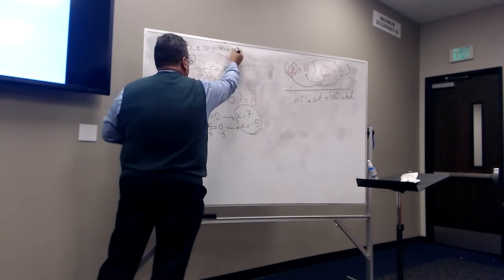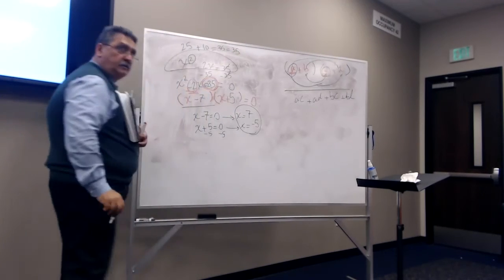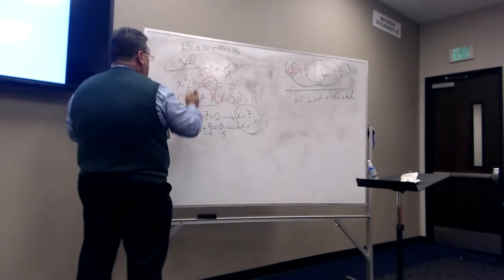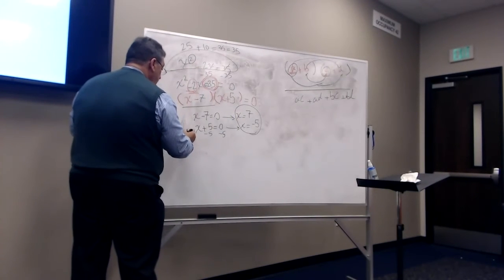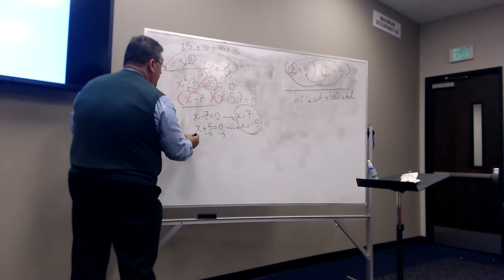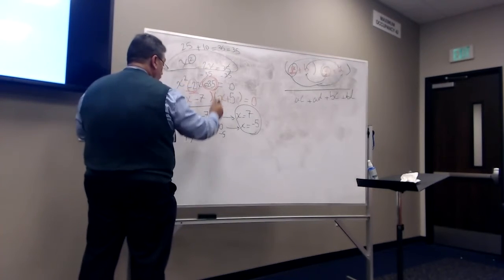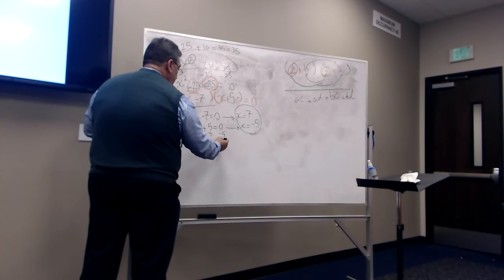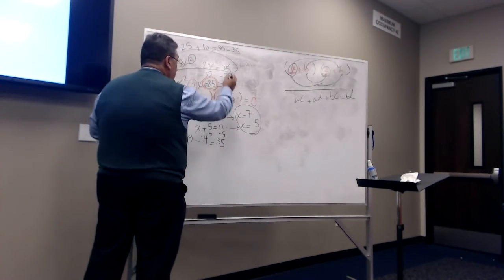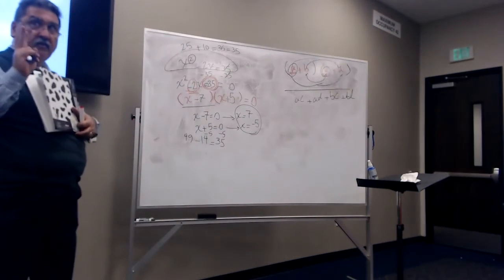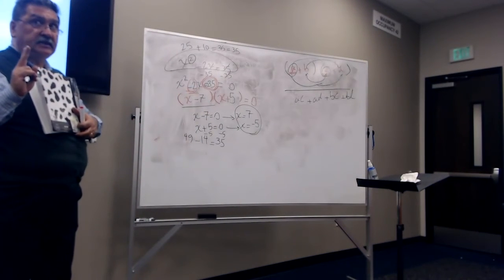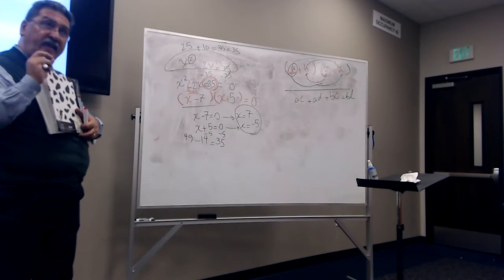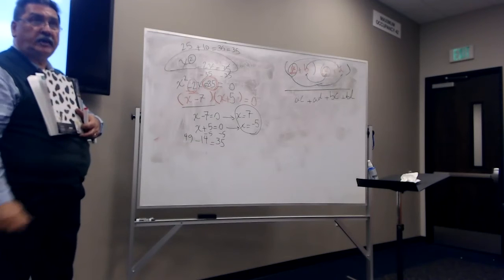And if I put 7, 7 to the power of 2 is 49. 7 times minus 2 is 14, which subtracted gives 35. What it matters in solving an algebraic equation is that these are the true values of x for the equation.